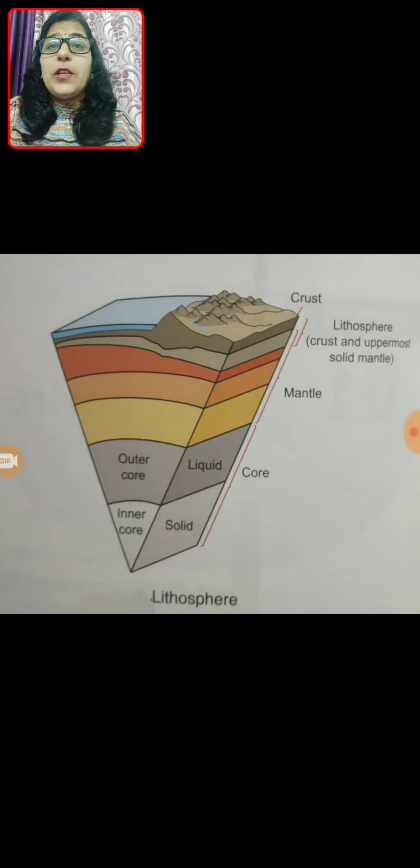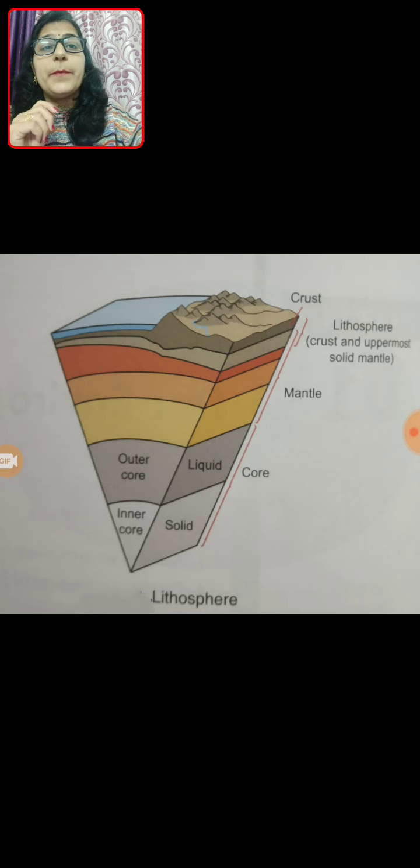What is lithosphere? The solid outer crust layer of the earth is called lithosphere, or we can say sphere of rocks. It consists of rocks, minerals, and a thin layer of soil.